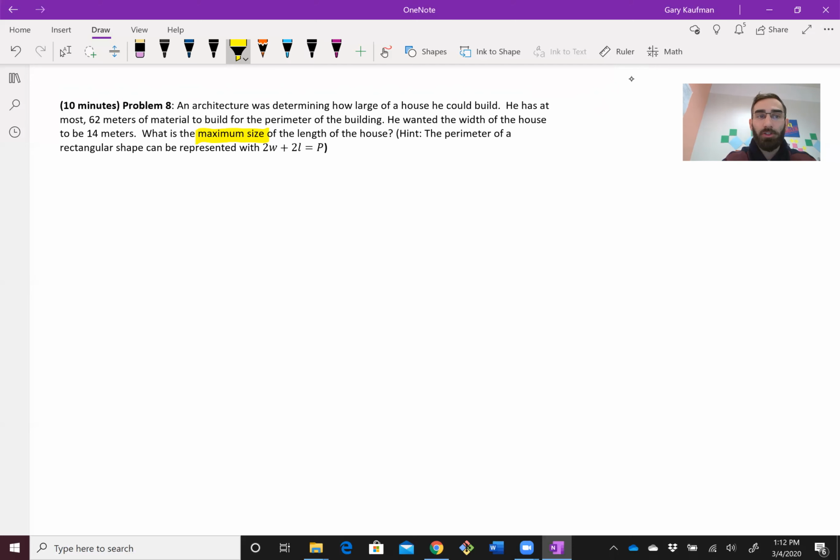We don't know for sure, and we're told we have at most 62 meters. So at most means we have to be less than or equal to 62. This ends up representing our perimeter. Well, we see that the width is 14 meters.